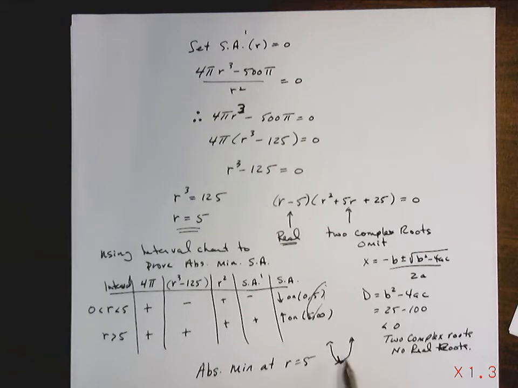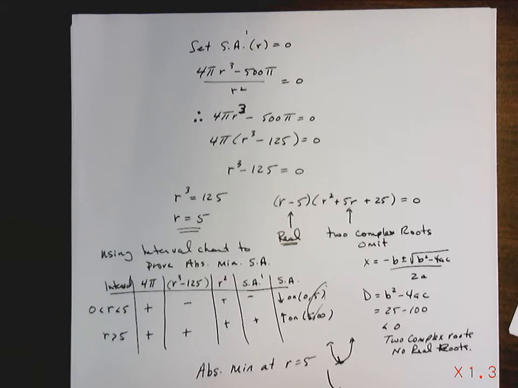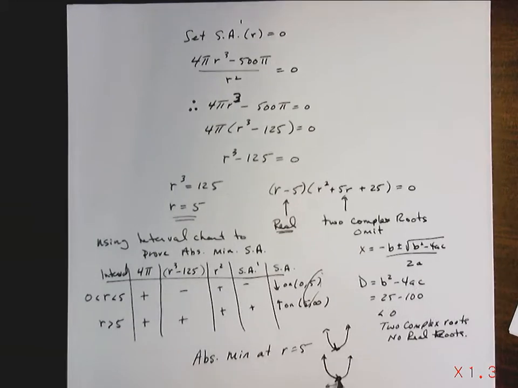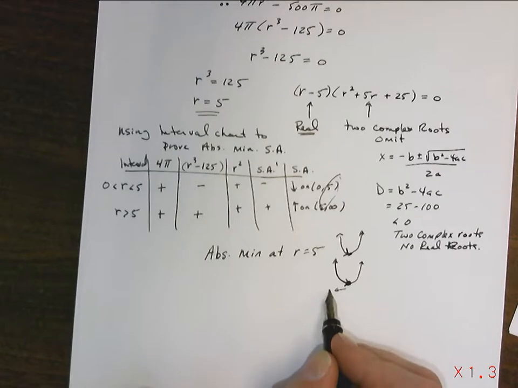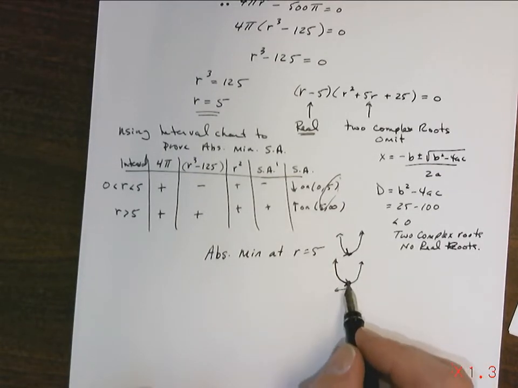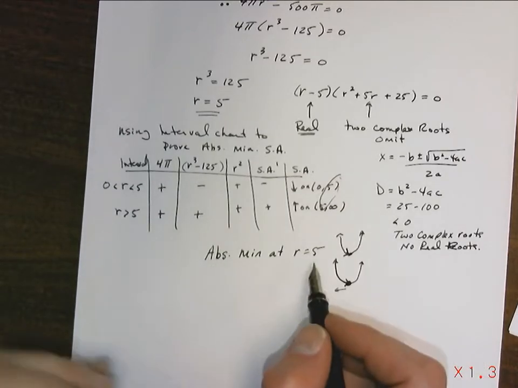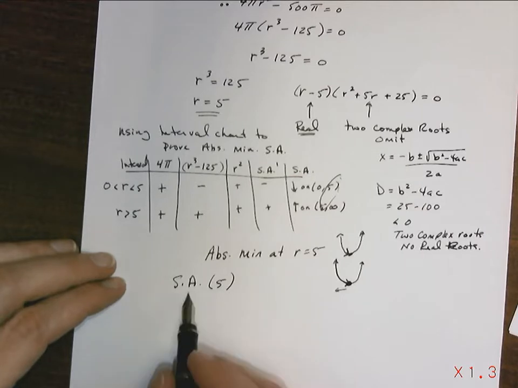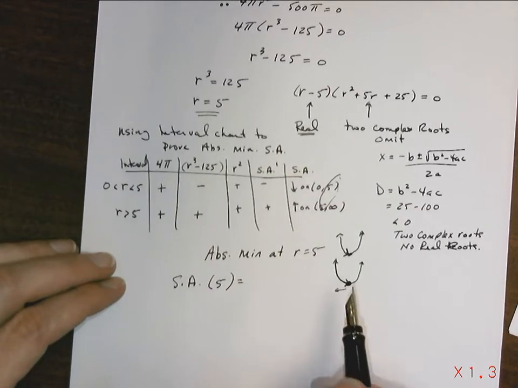If you think about it, it's decreasing all the way to here, and then it's increasing all the way after. The other way to look at that, as you're used to seeing it from grade 10, is that nowhere will it be lower than this point. So an absolute min at r equals 5. And to find the surface area when r equals 5, you're just going to plug that in. I think I'll leave that for you to do.